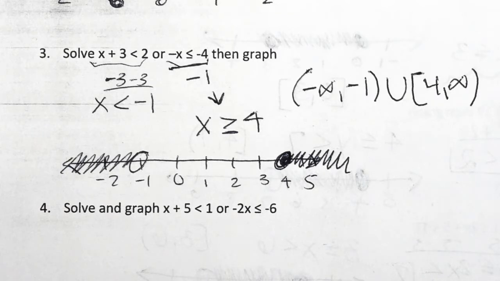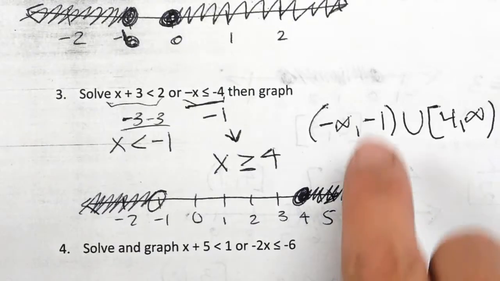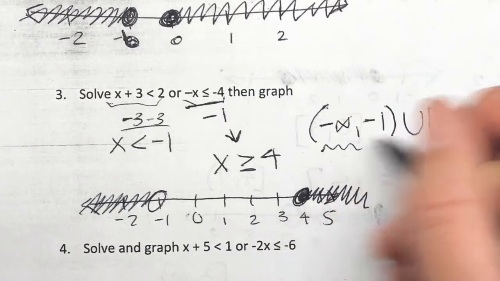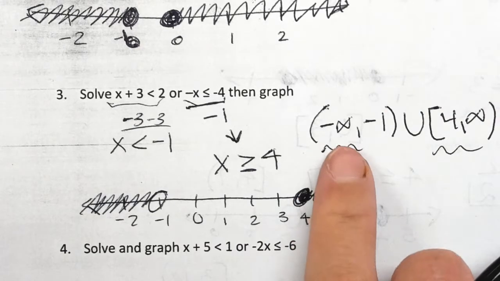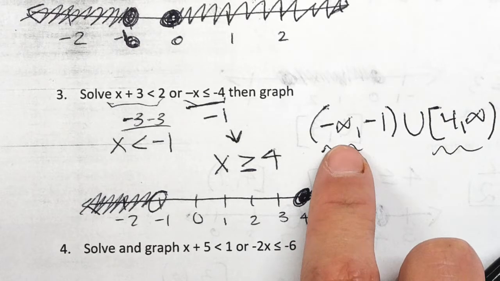Alright, any questions on those? Yes. Mm-hmm. On this one, these are two separate intervals, but you always want to put what first in the interval? This is for everybody. What do you put first in the interval? Has to be what first?